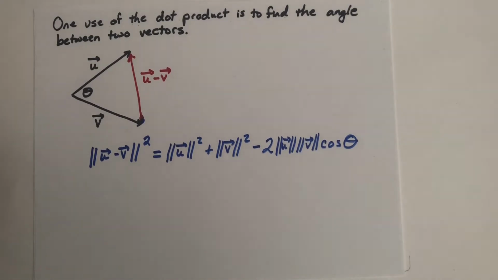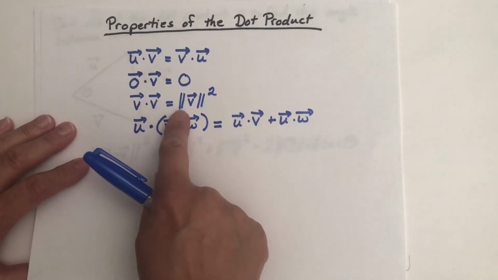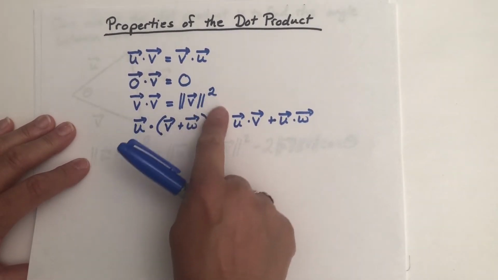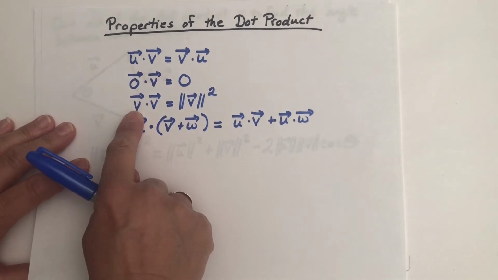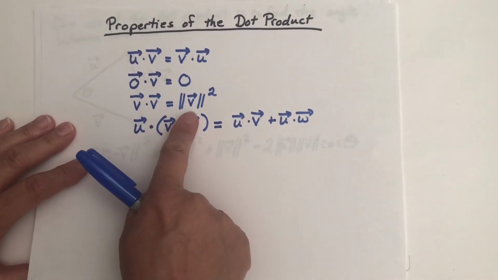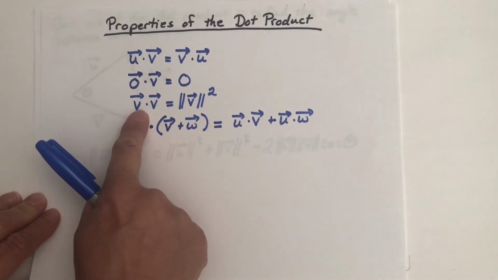Let me remind you about this. Let me bring the properties back. Here it is. Remember, v dot v is the magnitude squared, or the magnitude squared gives you that dot product. We're going to use this property in the equation that we're working with. So we have the magnitude squared, and we're going to use our dot product.